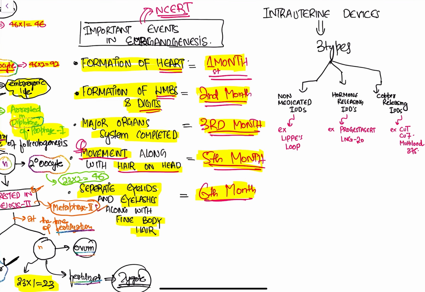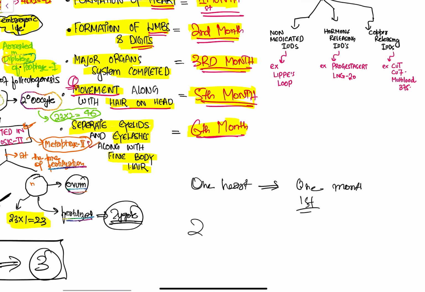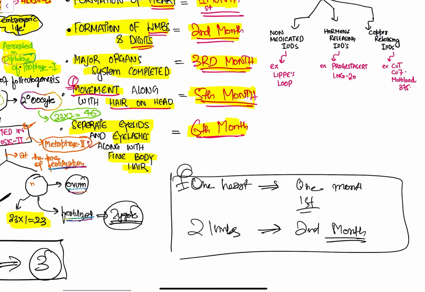You can remember a hint: we have one heart, so our heart is formed in first month. And we have two limbs, and those limbs are formed at the end of second month. You can use this hint to remember these two major organs.